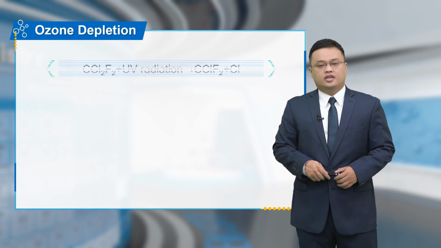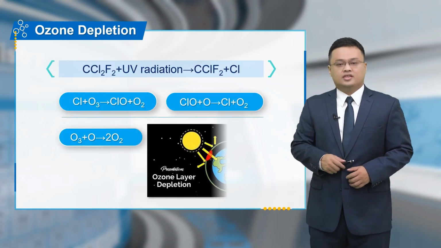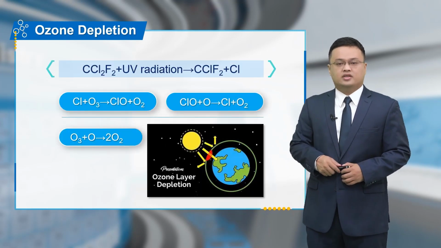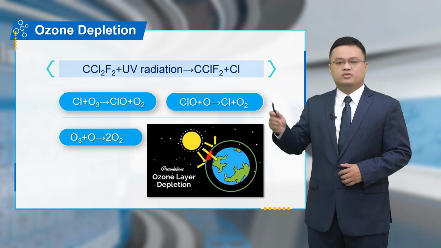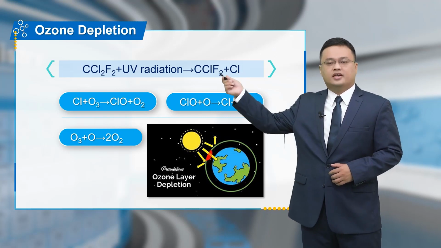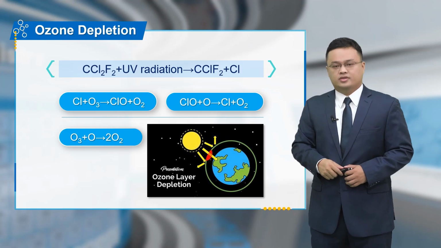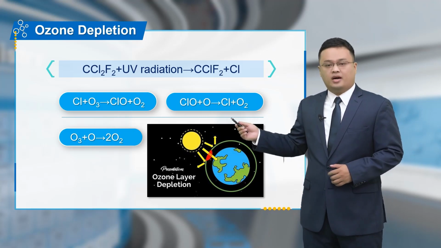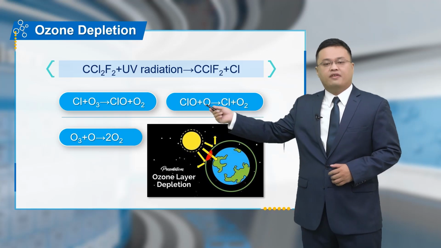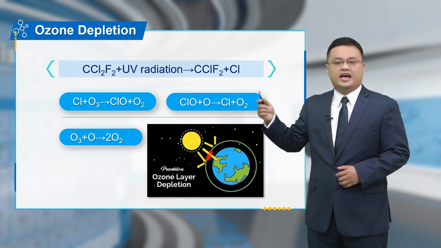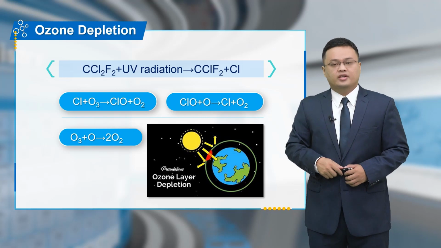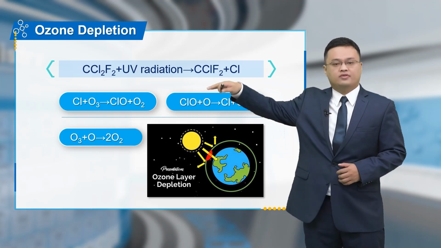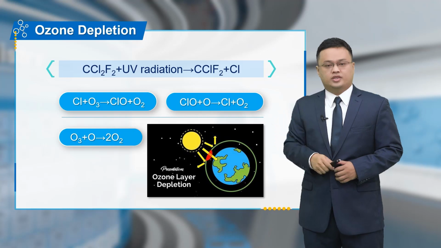However, in the past decades, certain gases produced by human activities are contributing to the ozone depletion and threatening the integrity of the ozone layer, especially gaseous chlorofluorocarbons. These molecules have a very long lifetime in the atmosphere and eventually rise to the stratosphere in low concentration.